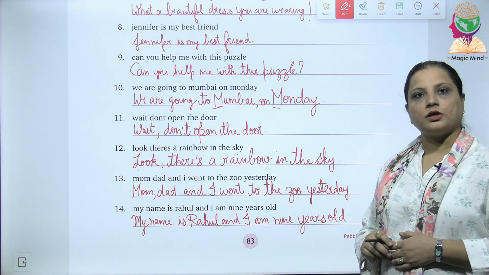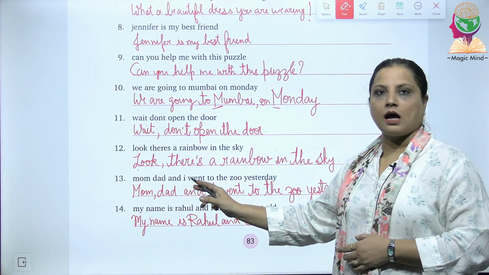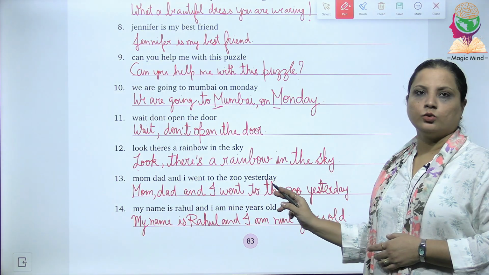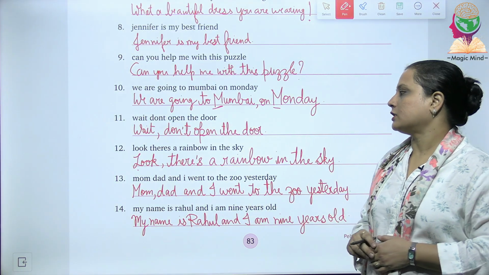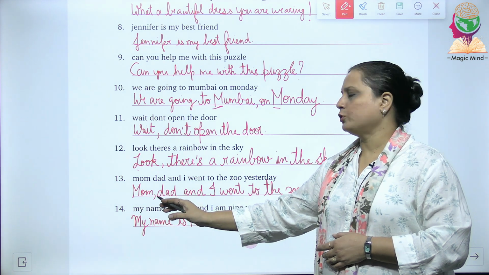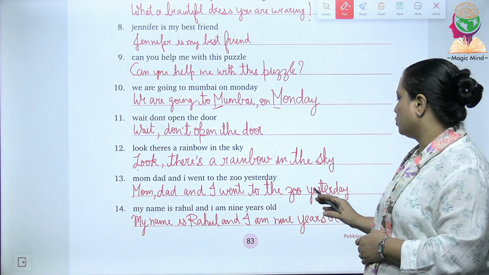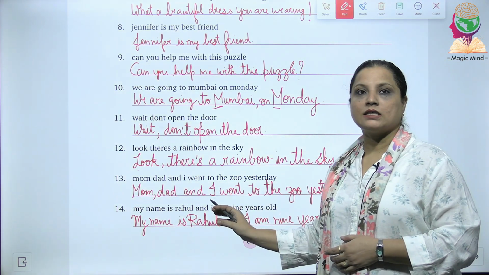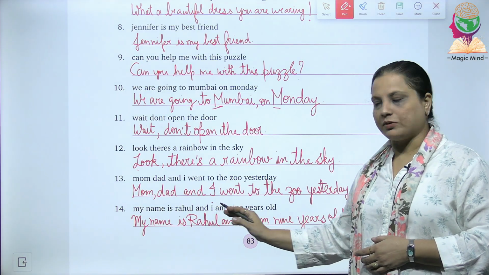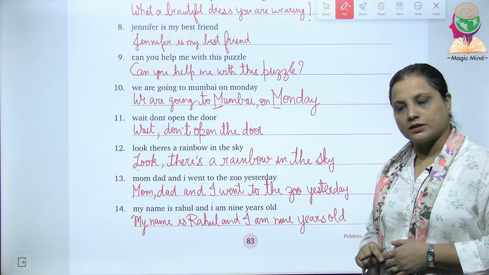Then we come to the 13th one. "Mom, Dad and I went to the zoo yesterday." In this sentence, we will write M capital of Mom, we'll put a comma, then we'll write Dad and I went to the zoo yesterday. I will be written again in capitals and a full stop at the end of the sentence.